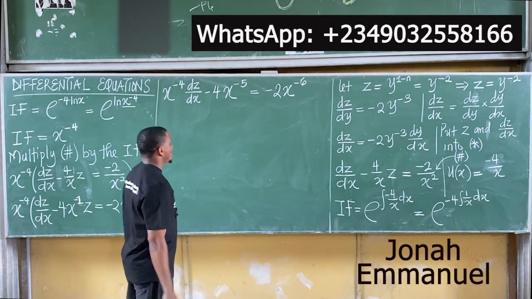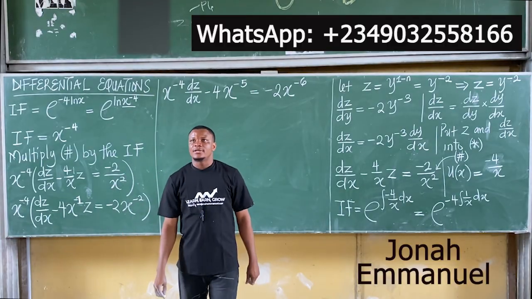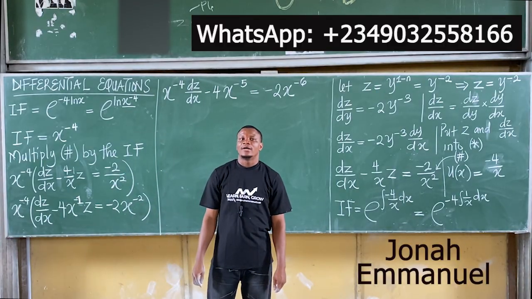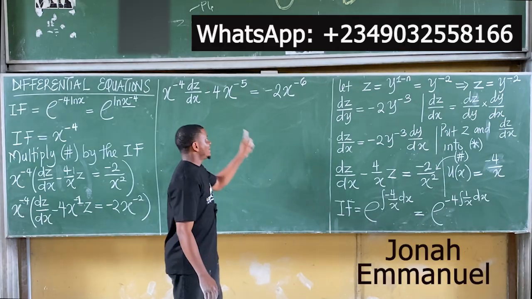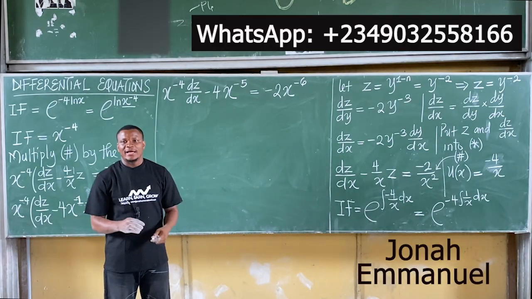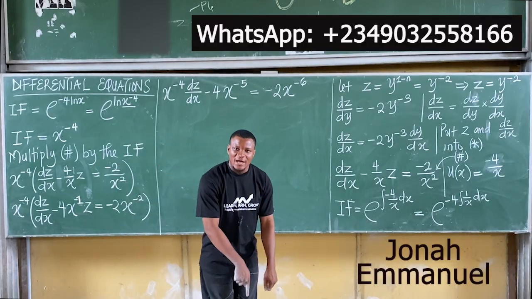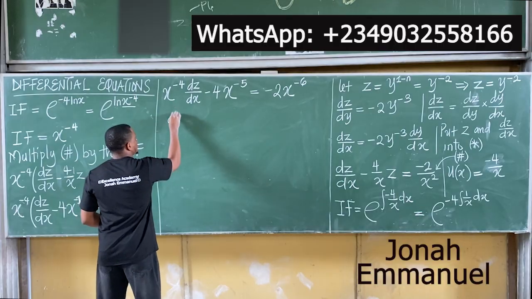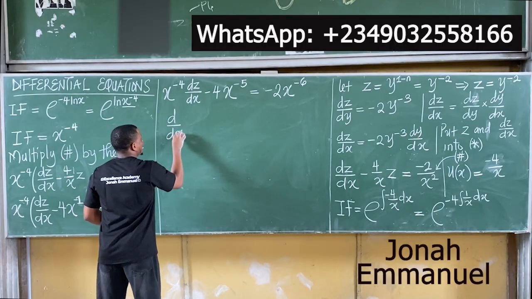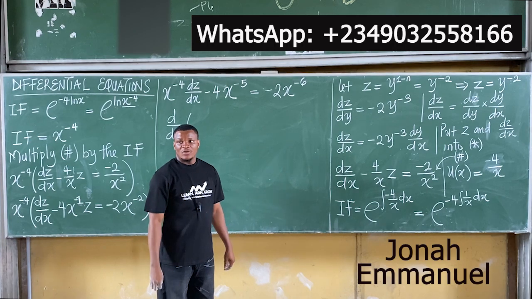At this juncture, go back to when we did the first order non-homogeneous ordinary differential equation. We said the left hand side will become a differential of the variable and the integrating factor. So this becomes d over dx of which variable?